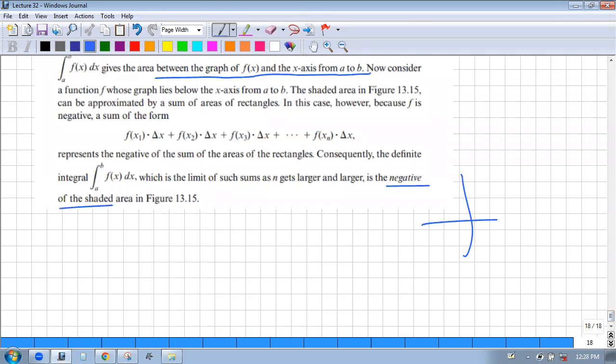So again, positive area, negative area. If they ask you to find the area and you do the integral, you're going to get a negative number. So if it's below there, you want to do the negative of the integral to turn it back into a positive number. This is because of the interpretation of what an area is. What is a negative area? That doesn't make any sense, right? The minus sign is just telling you where that area lies.